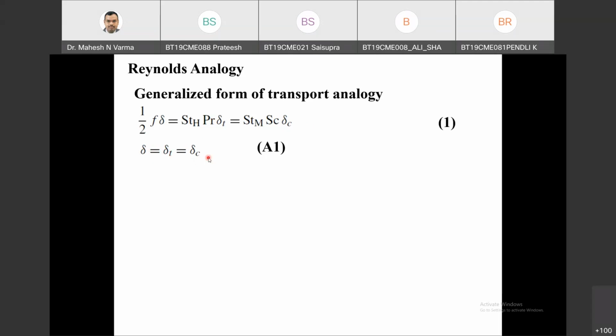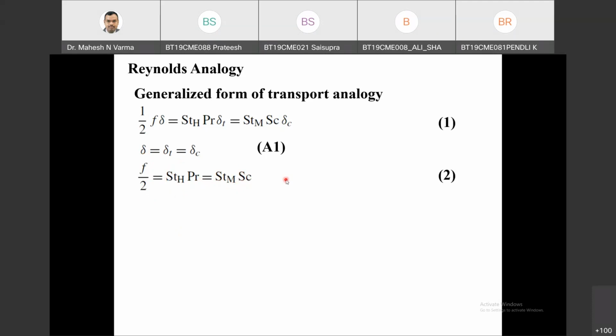So the limitation of the Reynolds analogy is that it cannot be applied to liquids, because he observed it for gases. For gases, if delta equals delta T equals delta C, I get f by 2 equals Stanton number for heat transfer times Prandtl number, which equals Stanton number for mass transfer times Schmidt number.